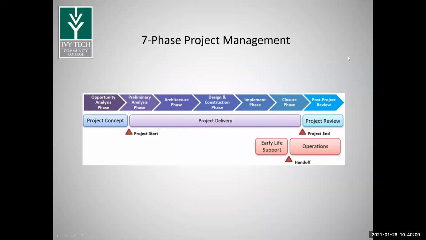The only problem with this is that it's really, really good, and it works well for a major implementation. If I'm going to implement a bunch of automation on my production line, it works well for construction projects, anything like that. This kind of structure is really good.